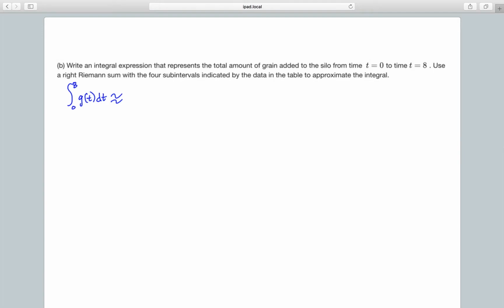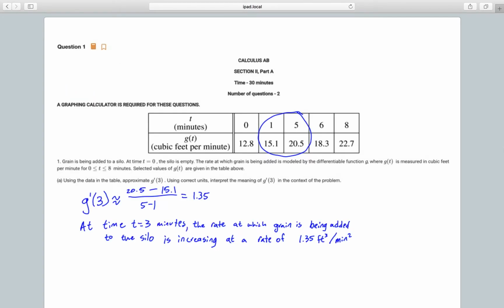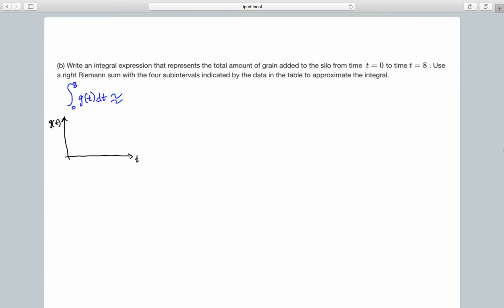what I always tell you guys to do is just kind of sketch out a rough scatter plot of what's going on. So I have g of t, and I have t, and my x values are 0, 1, 5, 6, and 8.